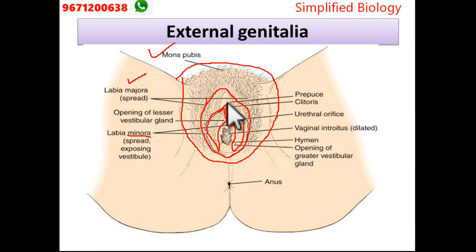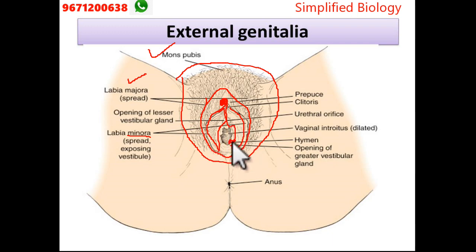Right beta? After that is the clitoris. It is the female homologue of the male penis, the pseudopenis. Clear? Remember that one also. Another is the hymen. The hymen is a skin-like covering that covers the vaginal part.